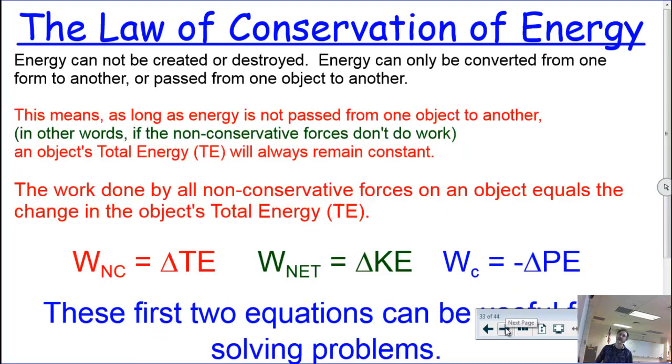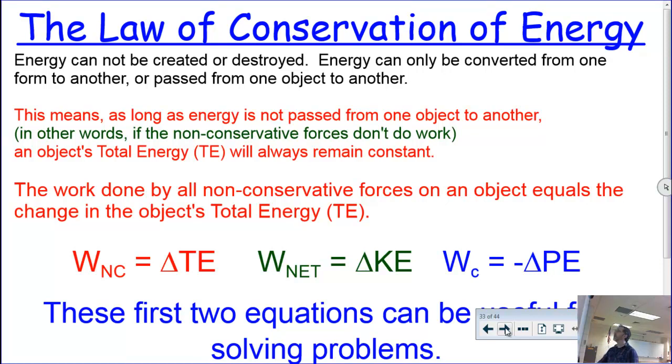So here's the deal. Remember the law of conservation of energy. In a global sense in science, when we talk about conservation of energy, basically what we mean is that energy can't be created or destroyed. For our purposes, to break that down into something a little more meaningful, energy can only be converted from one form to another or passed from one object to another.